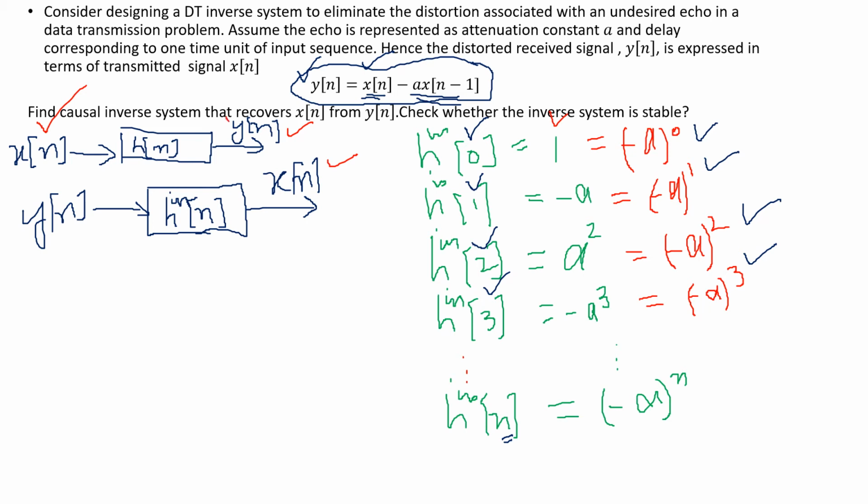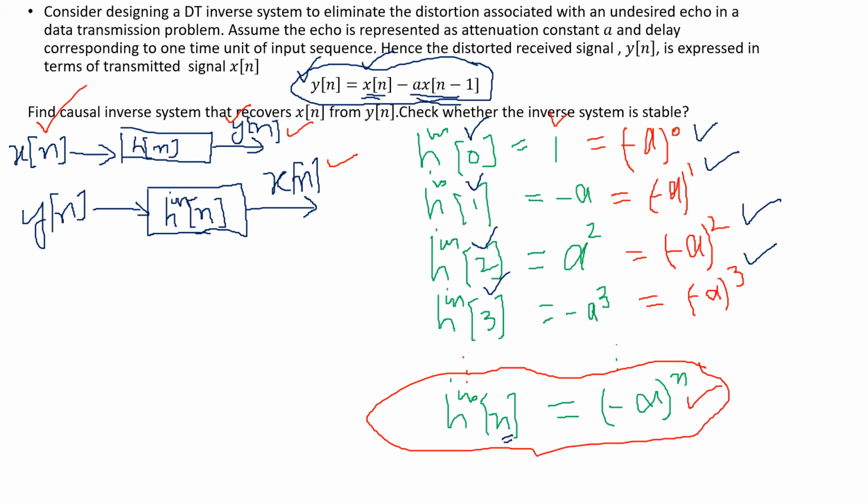The received signal, which is now y of n, goes through the inverse system, and the inverse system will have this impulse response.